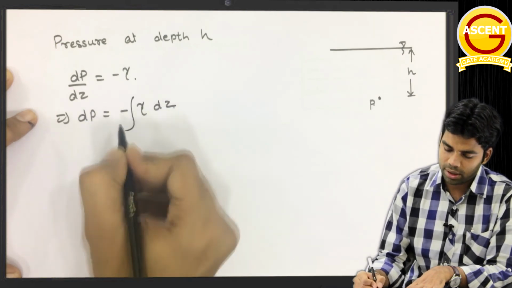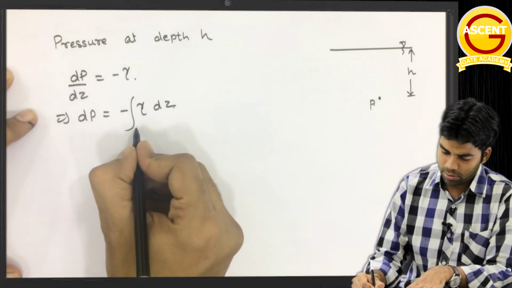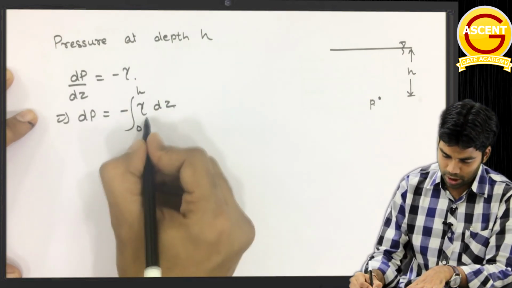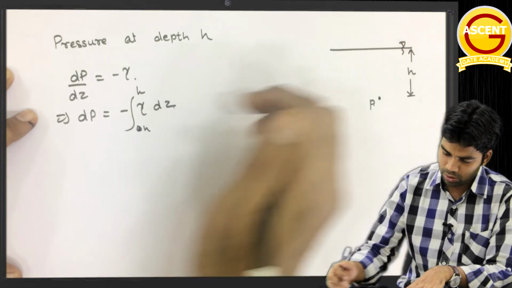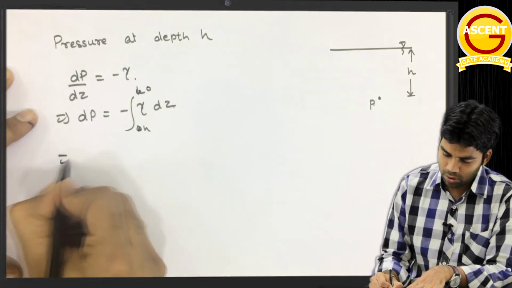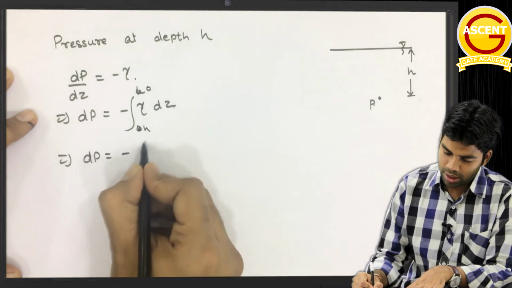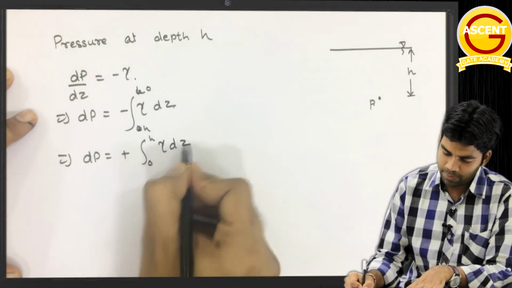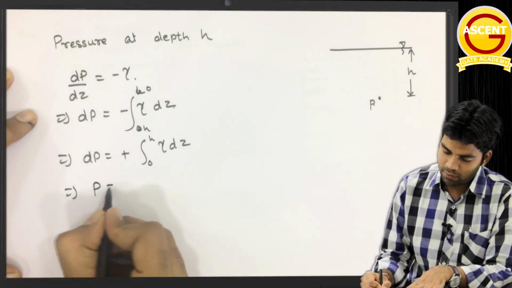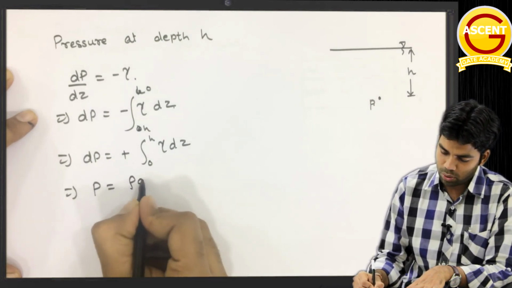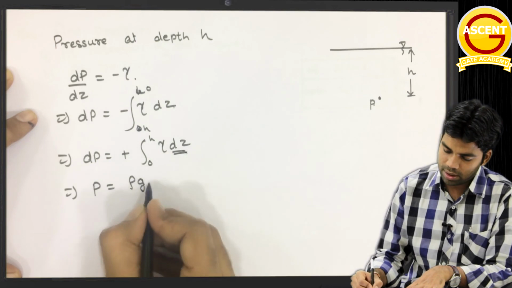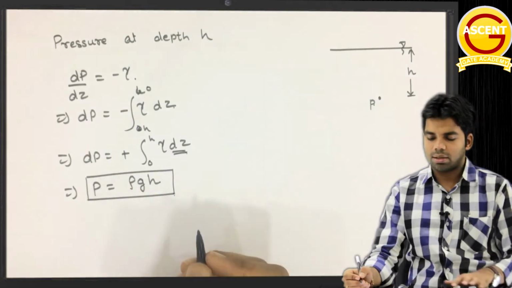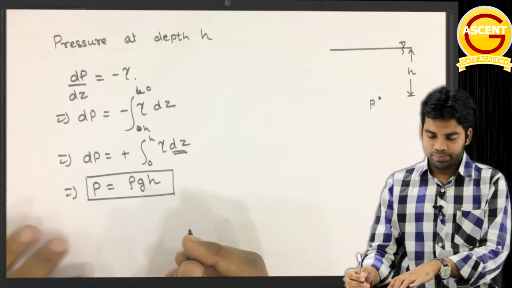Now if I integrate it from h to 0, from this point to this point, this will be dP is equal to minus integration, sorry, plus integration 0 to h of gamma into dz. So this P will be equal to gamma, which is rho g, and the integration of dz is h. So the pressure at a height h is nothing but rho g h.